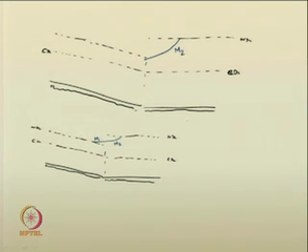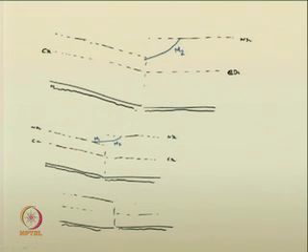The third case, this is case 1, case 2, the third case is a mild slope, for the mild slope, critical depth, normal depth, the normal depth line is here like this.